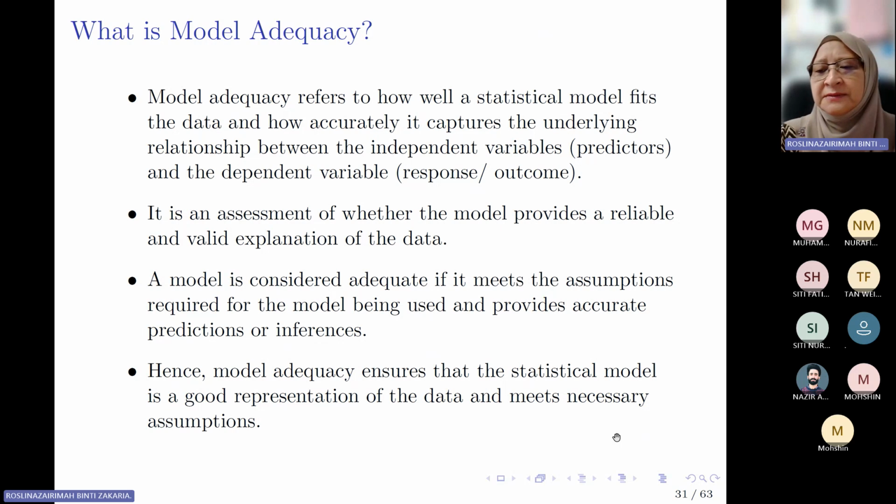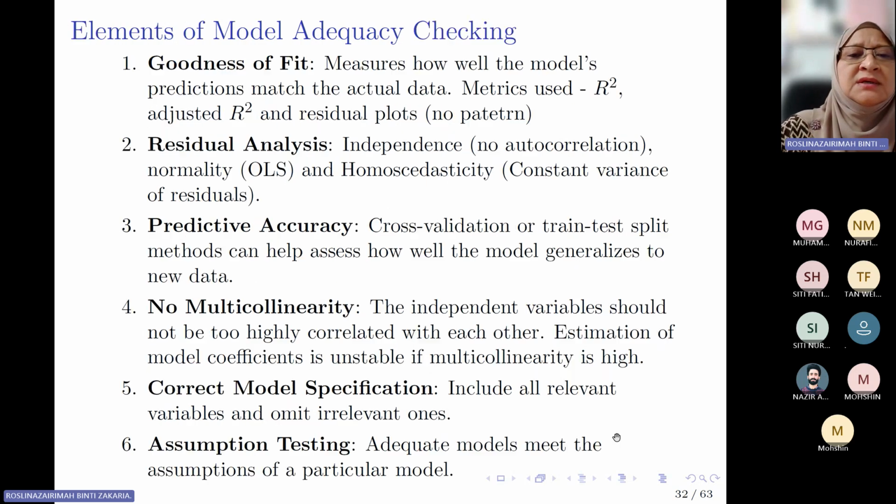Okay, I think we will continue next week for the model adequacy and so on, and then with the example. Is it okay? We continue next week. Okay, Doctor.